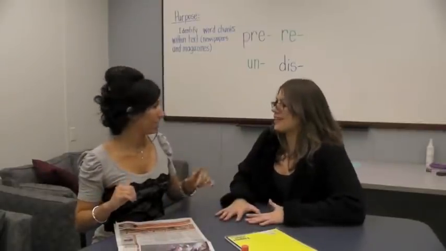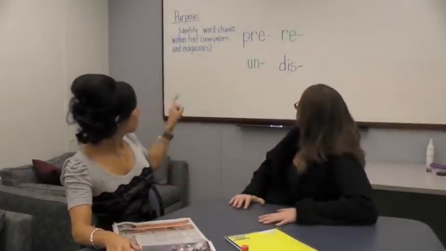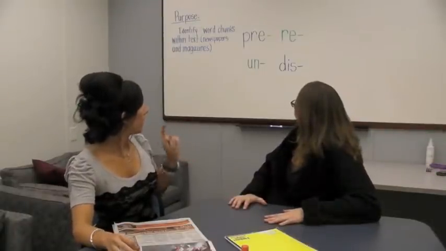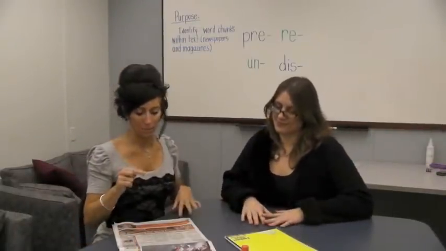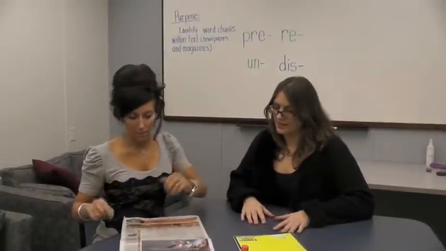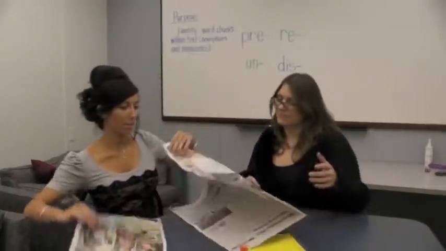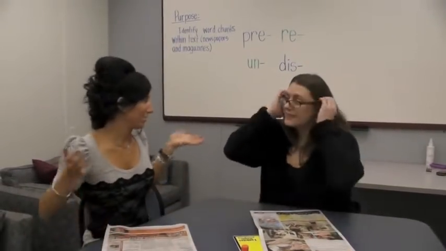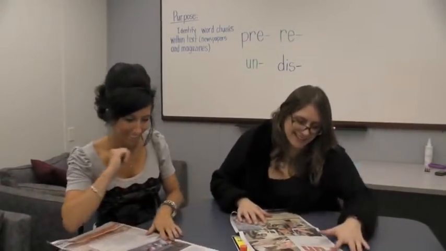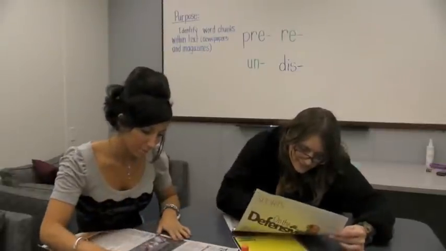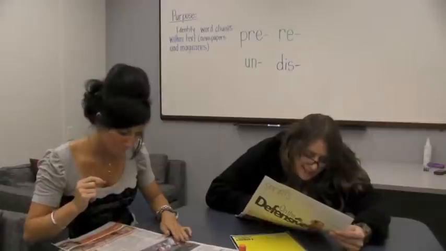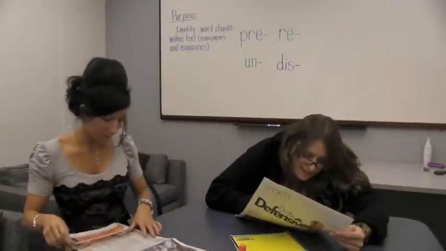Okay, so how do you want to do this? Okay, we need to find those prefixes. We need to find pre, re, un, and dis. Okay, let's see. You take this part. Or I'll take this one. And I guess we'll just look for them. Oh, I found one.